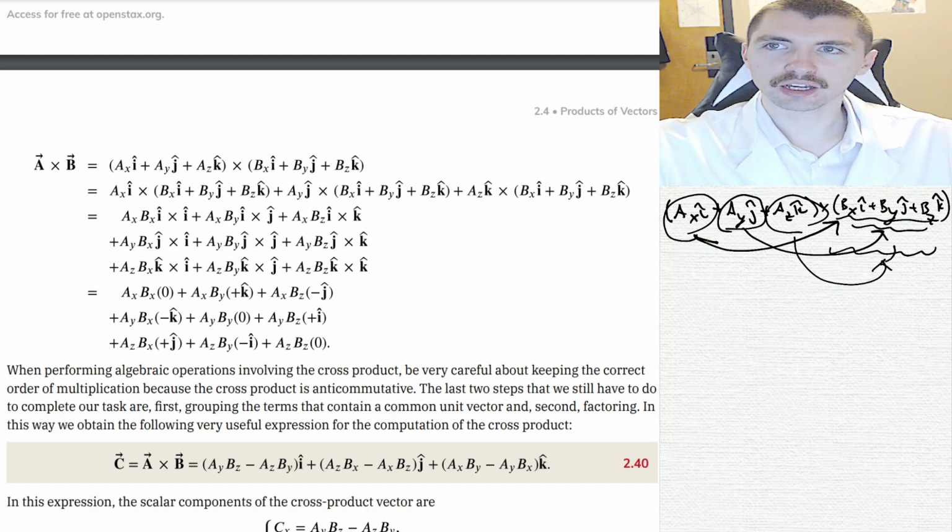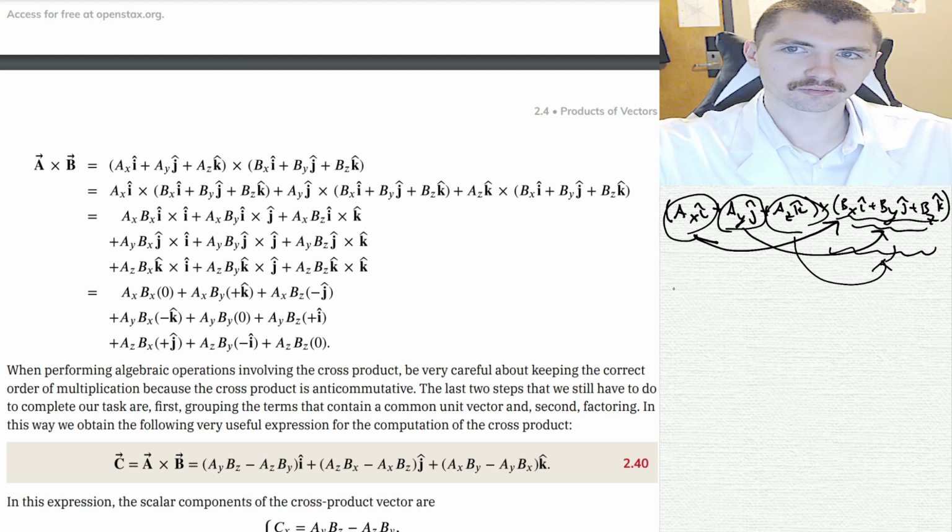So it's AI cross all of this, or the J part times all of this, and the Z part times all of this. Okay, so you're going to get A cross this. Okay, and then this turns into 3 lines.